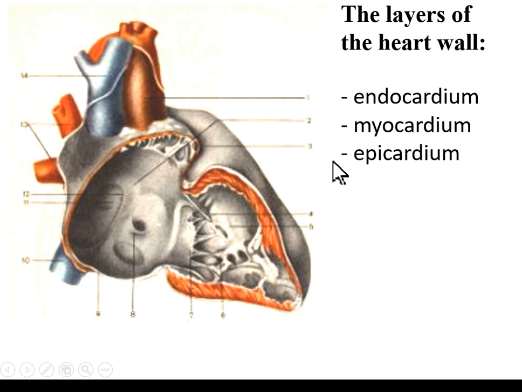There are three layers: the inner endocardium, the middle myocardium, and the outer epicardium. The wall of the heart consists of three layers: endocardium, myocardium, and epicardium.